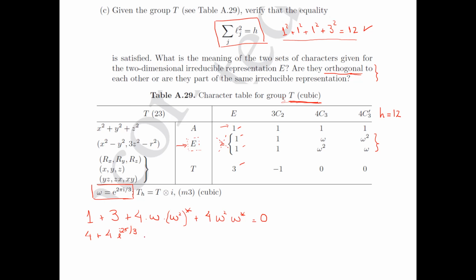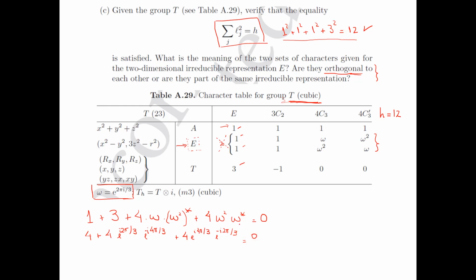When you complex conjugate, it is equal to e to the minus i 4 pi over 3, plus 4 omega square, e to the i 4 pi over 3, omega star, e to the minus i 2 pi over 3. This should be equal to 0.